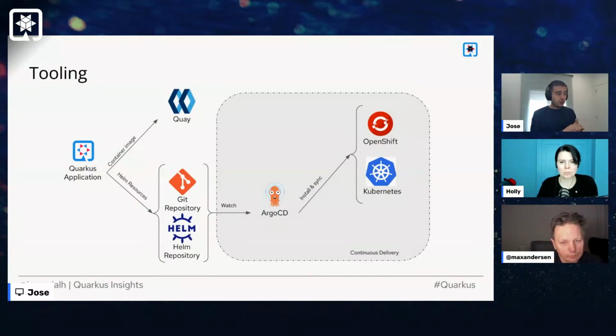Argo CD will watch some resources. In this case, I'm going to use the Git repository where the Kubernetes resources will be hosted. Argo CD will install and synchronize every change it finds in this repository to update the application in Kubernetes. So the idea is to delegate the deployment to this tool instead of manually installing or synchronizing your application.